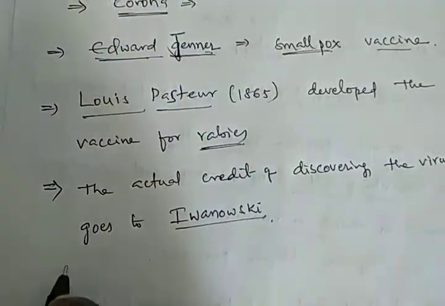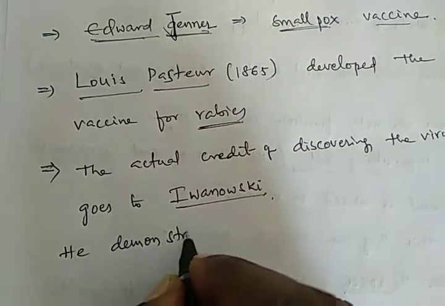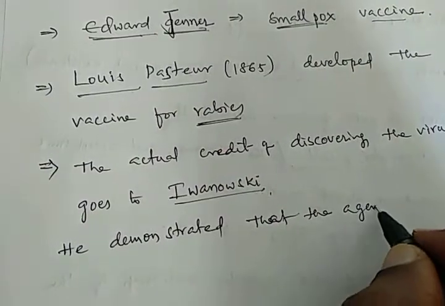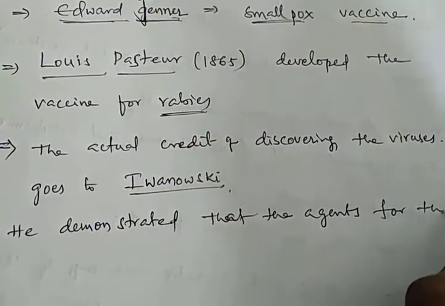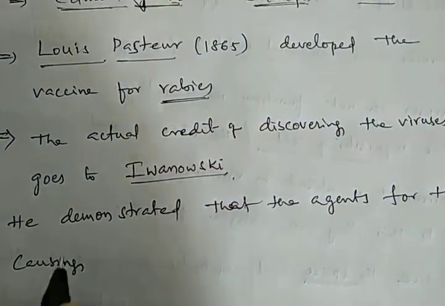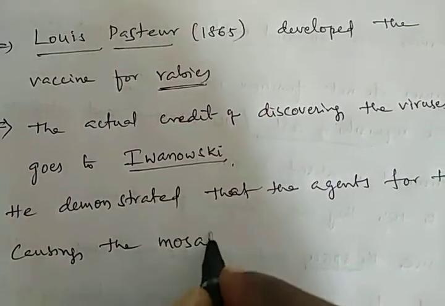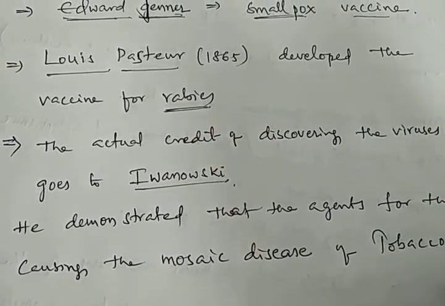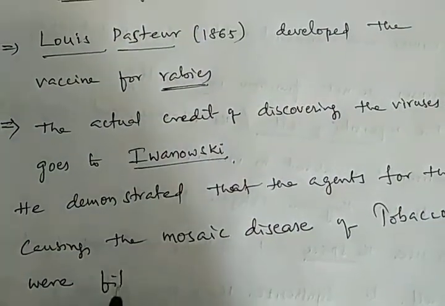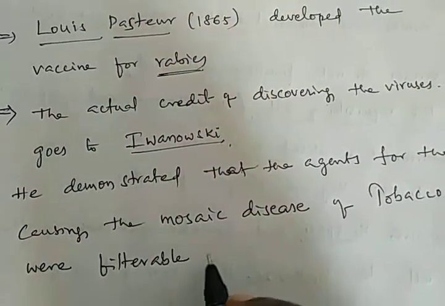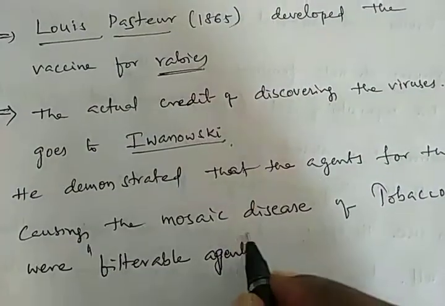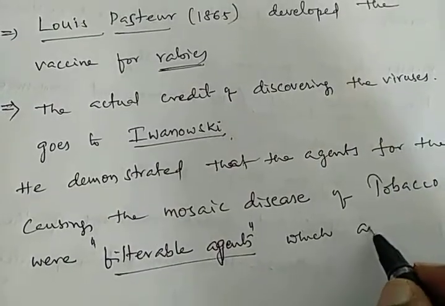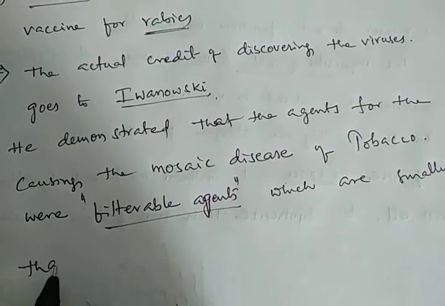He demonstrated that the agents causing the mosaic disease of tobacco were filterable agents, which are smaller than bacteria.